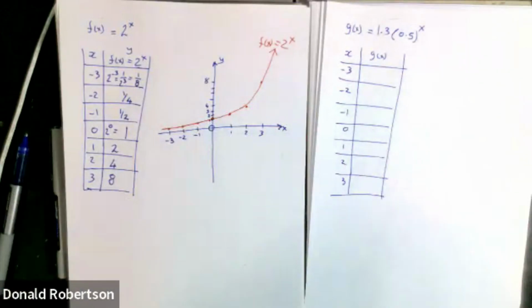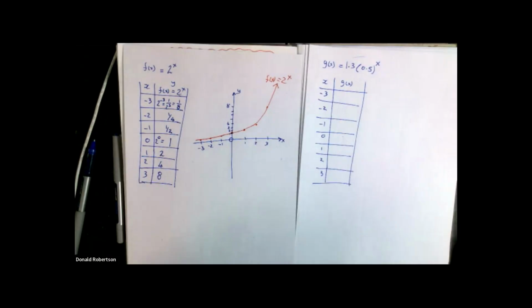Now that's a little bit messy, so let me try and show you how we could do that on our TI-84. Okay, so what we're going to do is use our TI-84. Can you actually see that on the screen?